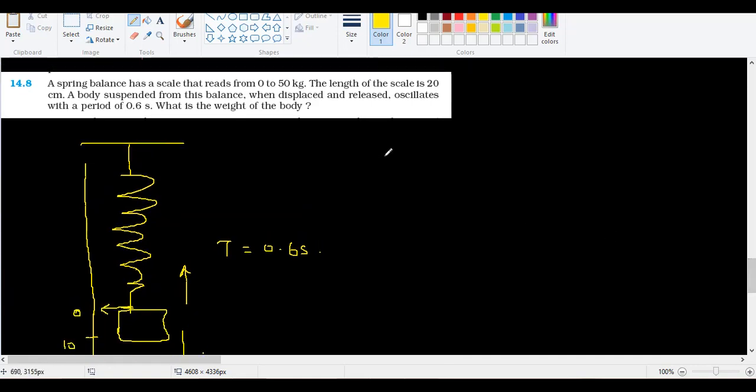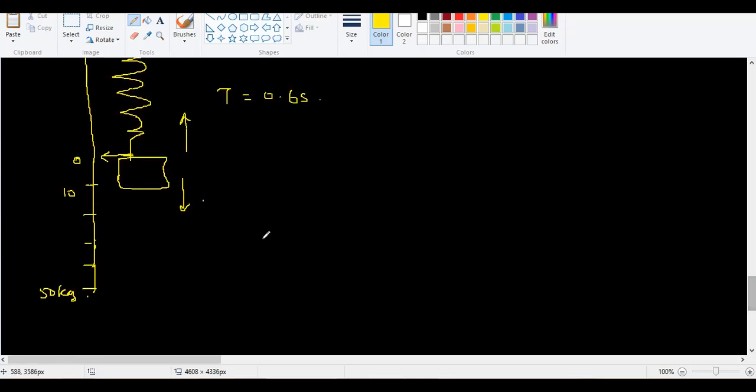We studied a formula F is equal to Kx. The length of the scale is 20 centimeter, so the total length of the scale is 20 centimeter.